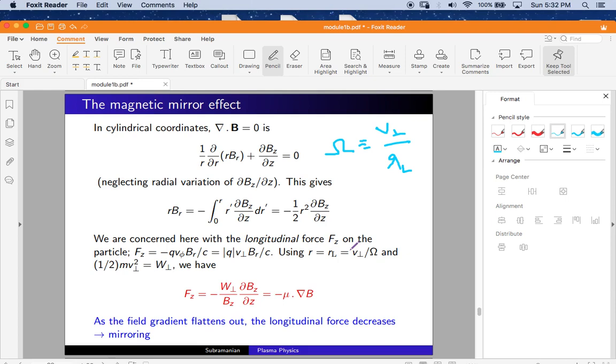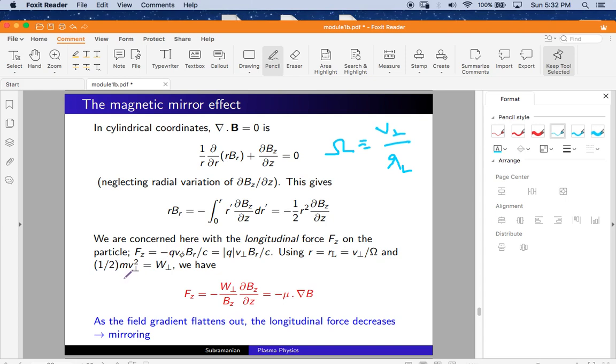Anyhow, you use this for r. There's only one factor of r, and in place of r you plug in a definite value, r sub L. This would be the kinetic energy, the quote unquote perpendicular kinetic energy.